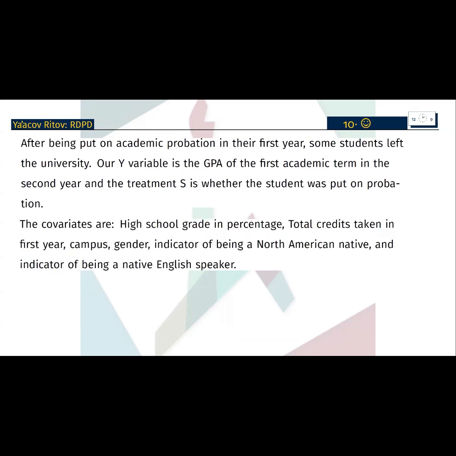I intentionally skipped one statement in half a sentence. So we have a bunch of covariates here, and the covariates are, as you see, relevant to the second and the first year in the same way. So if I want to use these covariates to predict the GPA in the second year, I would use them to predict the GPA in the first year.